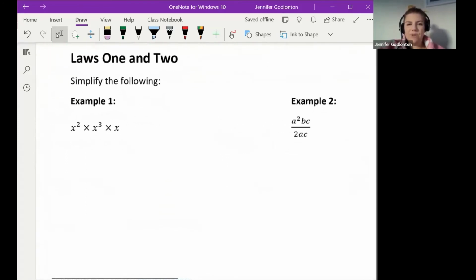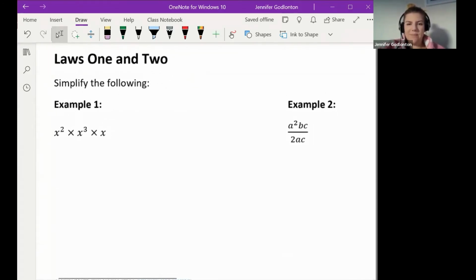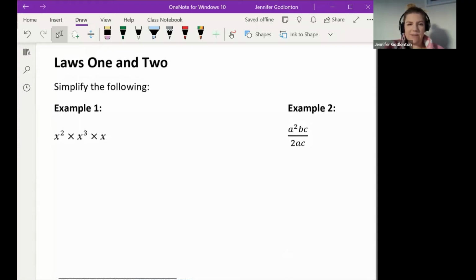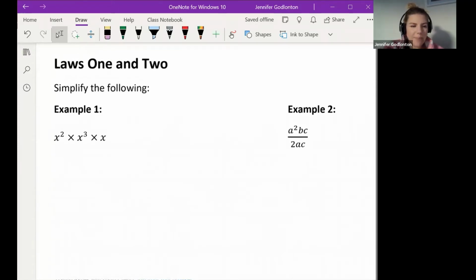I'm going to try and keep 2 on the screen at the same time so that people always have something to work on. So I have a question 1 and a question 2. The first one is using our first law. The second one is using our second law. And I'd love it if you could tell me what my answer is at the moment.